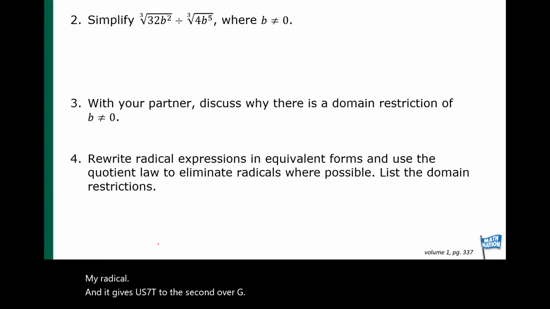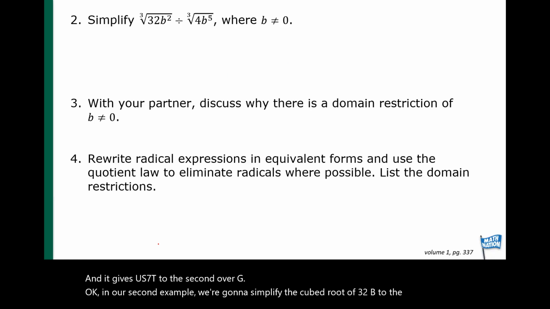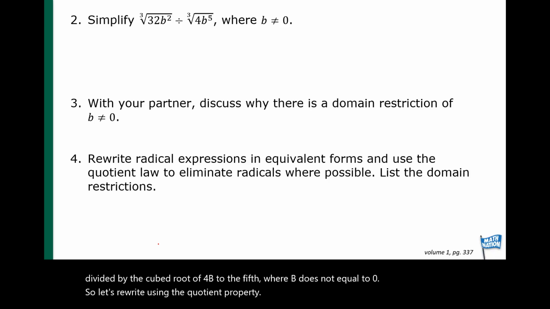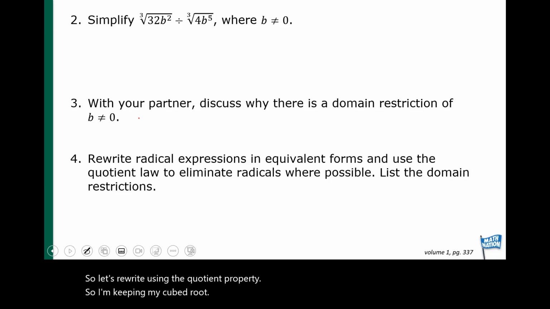Okay, in our second example, we're going to simplify the cubed root of 32b to the second divided by the cubed root of 4b to the fifth, where b does not equal 0. So let's rewrite using the quotient property. I'm keeping my cubed root.